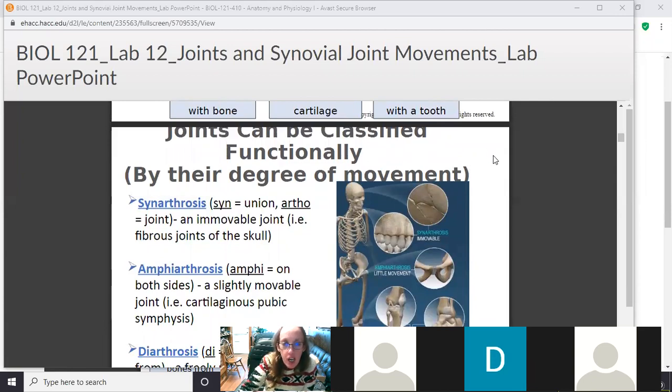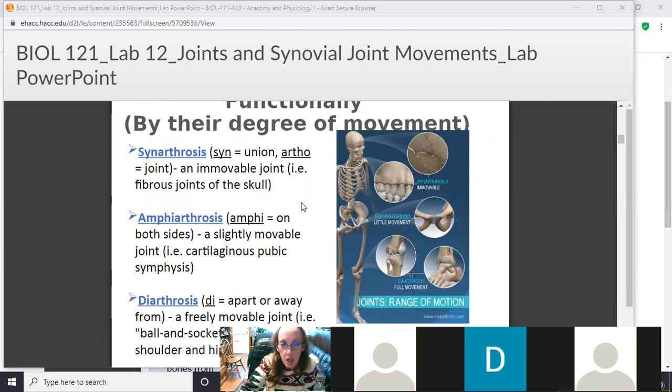Joints can be classified functionally by their degree of movement. Synarthrosis, remember syn meaning union, are immovable joints, like the fibrous joints of the skull. Amphiarthrosis is a slightly movable joint, like the pubic symphysis that moves slightly to allow for the baby to come through the pelvic cavity.